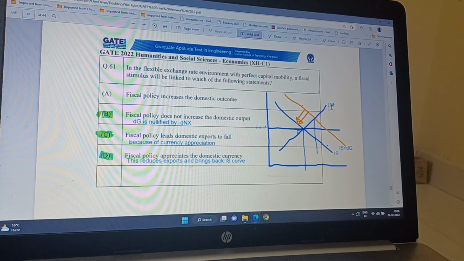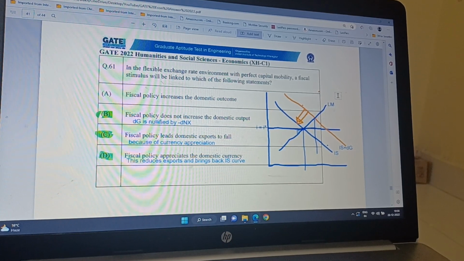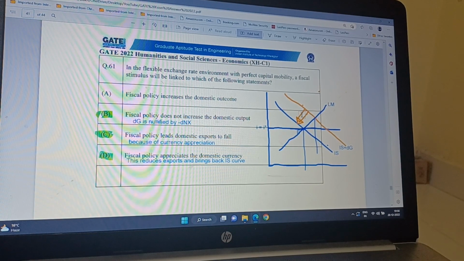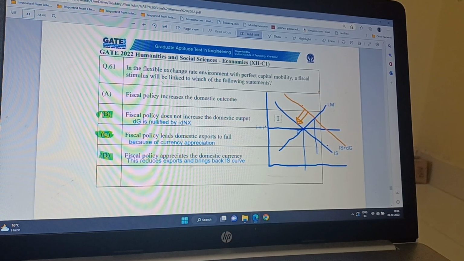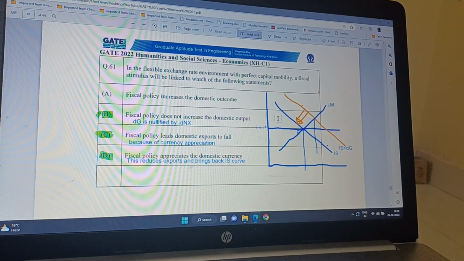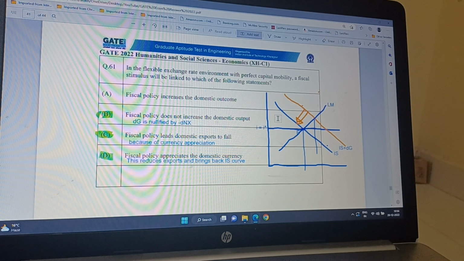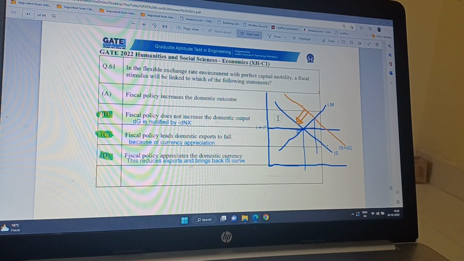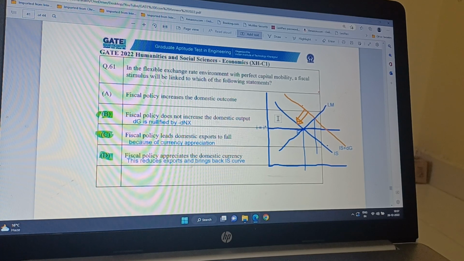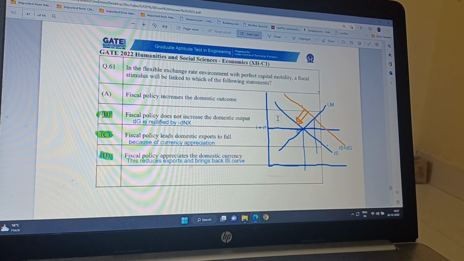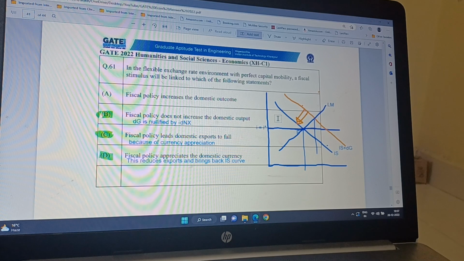The answer is no, because money from foreigners will come as they see this higher interest rate in the domestic economy, and there will be a swift flow of capital, and that will reduce the interest rate. So when the interest rate is reduced, what happens to the exchange rate? There is more demand for our domestic currency because foreigners are willing to invest in our country to take benefit of the higher interest rate.